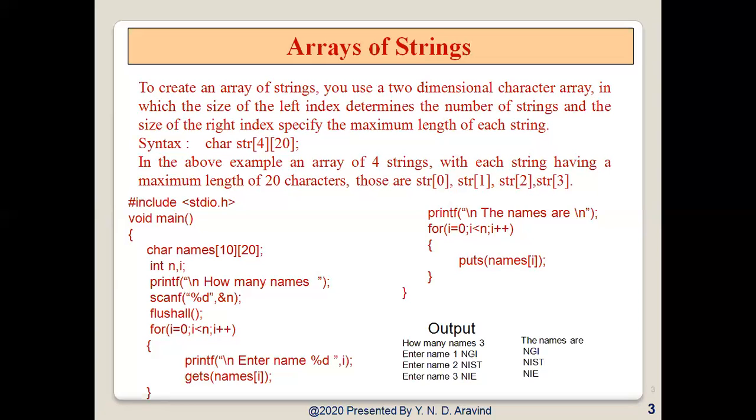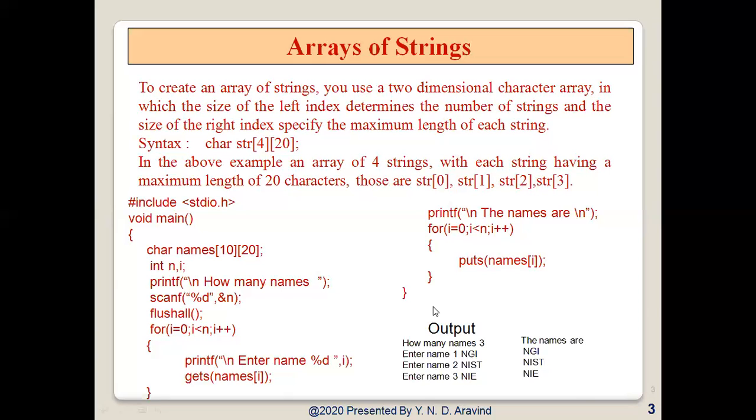For that reason, we are using this fflush. So here we can store a single name with a maximum length of 19 characters, and the 20th character will be the null character \0.